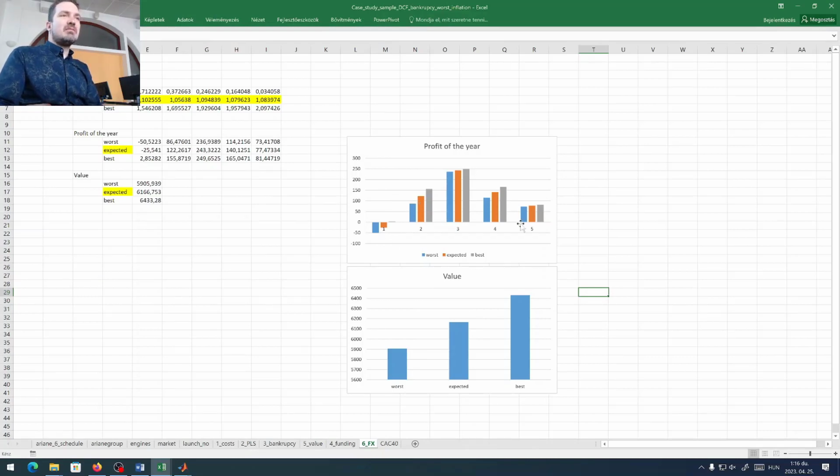We can see that, yeah, company survives. So mostly we are profitable after we consolidated ourselves, and also the value is still positive. So at least it's working well.